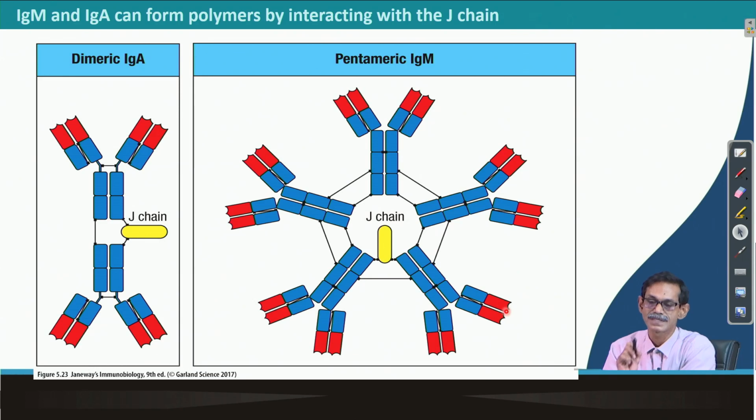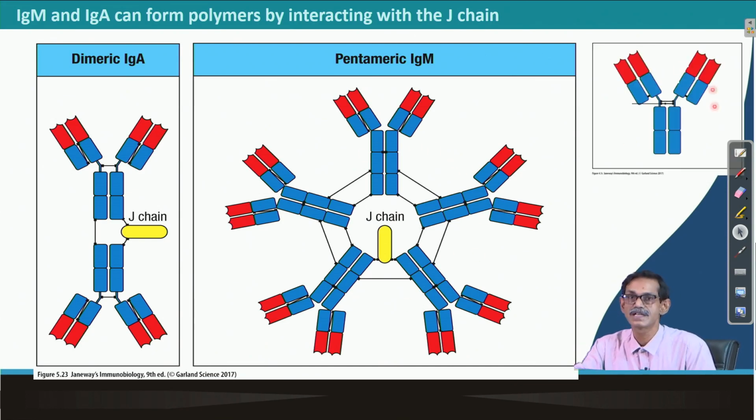Two things. One, why was IgM so high in molecular weight? Because IgM always stays as a pentamer. So, 5 molecules, if you see an antibody like this is IgG, but IgM always remains as 5 together, the pentamer.